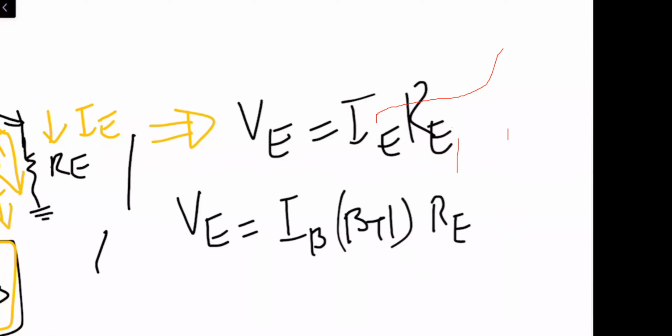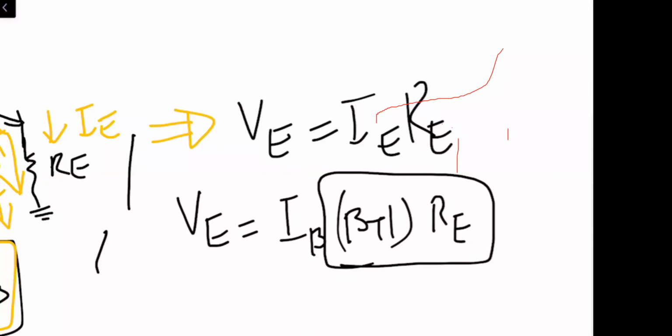This will still be equal to VE, right? Now what does this mean over here? This means that if the base current is flowing in the emitter leg, the resistance which is being offered will be enhanced by beta plus 1 times RE.